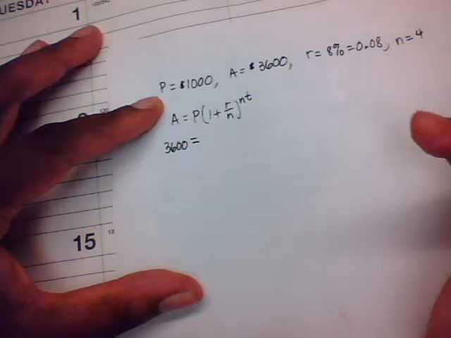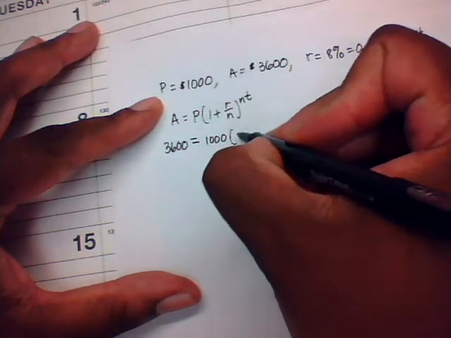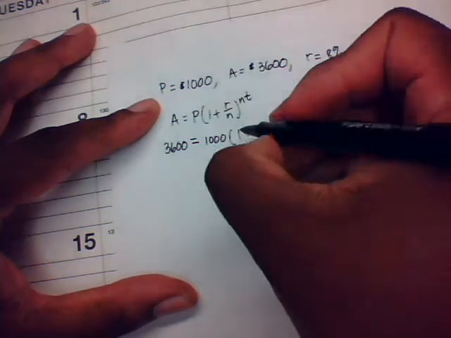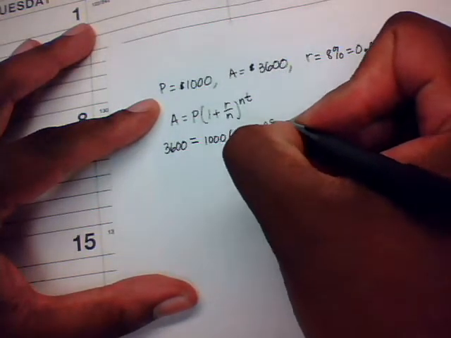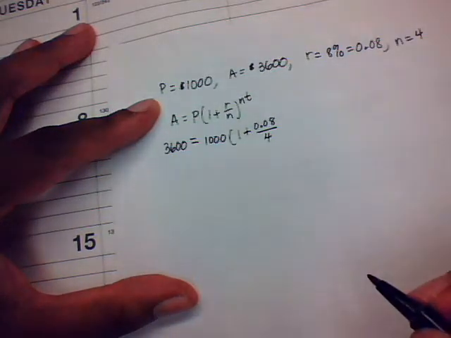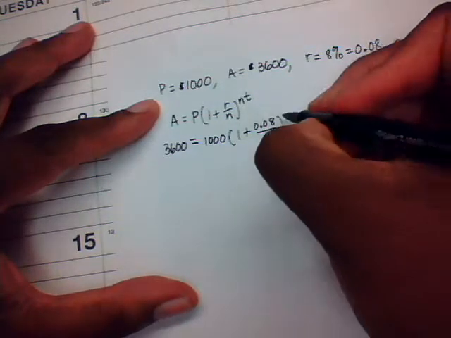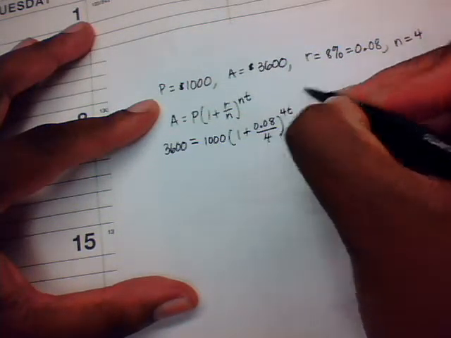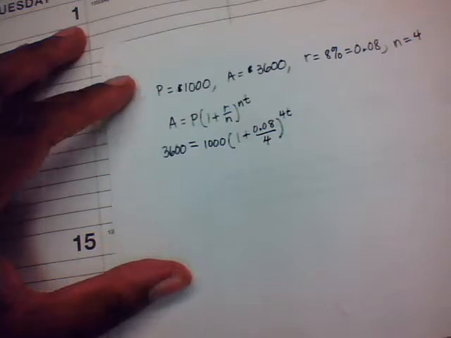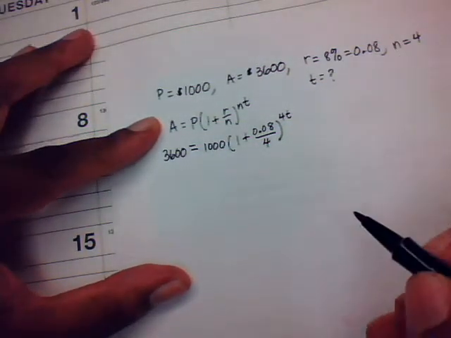That's going to be equal to P, which is 1,000, times 1 plus r, which is 0.08 in decimal form. n is the number of compoundings, that's 4. And then it's going to be raised to the n is 4, and t is what we're trying to find. So it'll be 4 times t. So in reality, we want to find out what t is equal to.